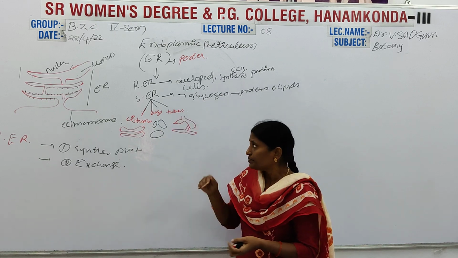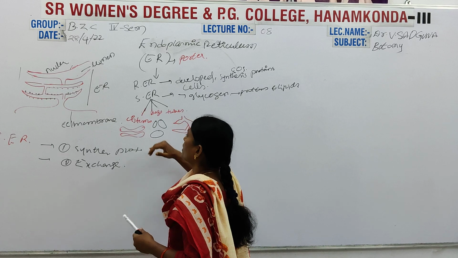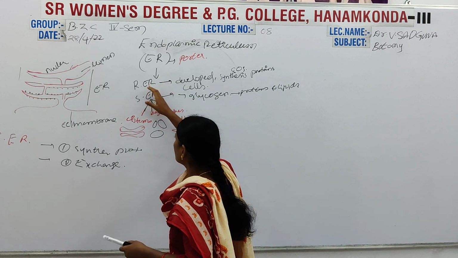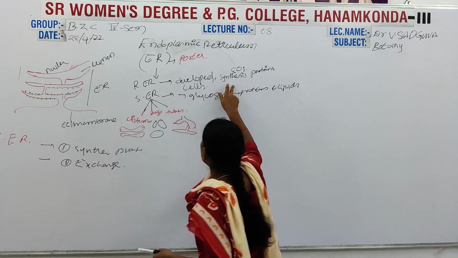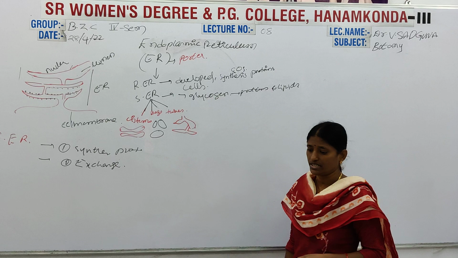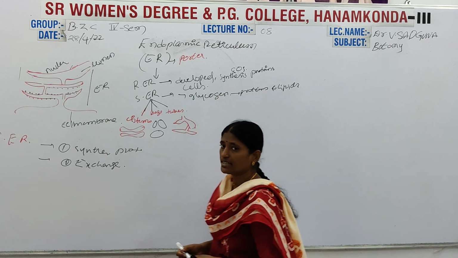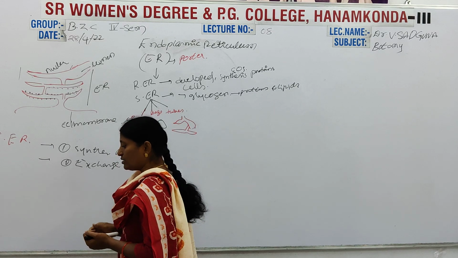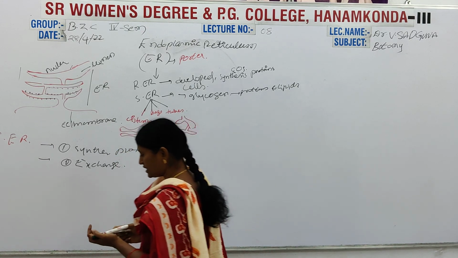Then the smooth and rough ER work in completely opposite manners. That is the development of proteins, of nitrogens. So these are completely different things. Lipoproteins and glycogens are also synthesized.